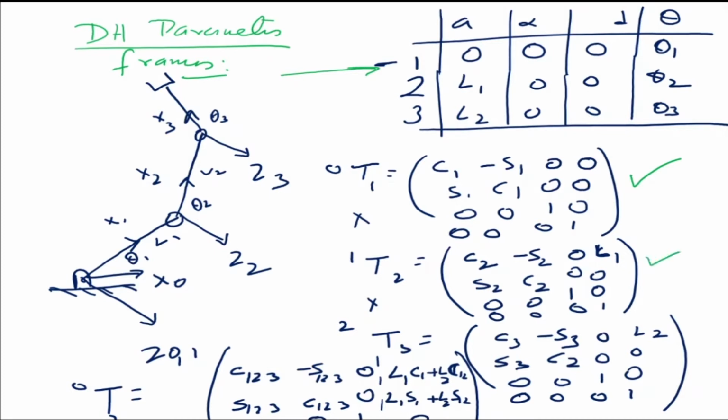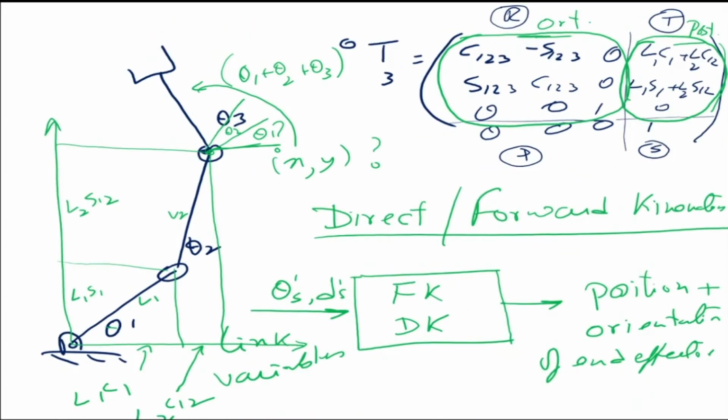This is the first one, then the second one, and the third one. Then we multiplied all these three and got our 0 to third frame transformation, which is given by this matrix. Now this final matrix gives us the position and the orientation of the end effector with reference to the base frame. The orientation is the rotation part, and the position is the translation part of the homogeneous matrix.